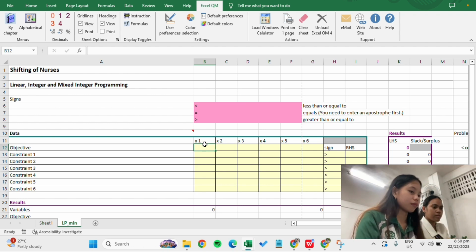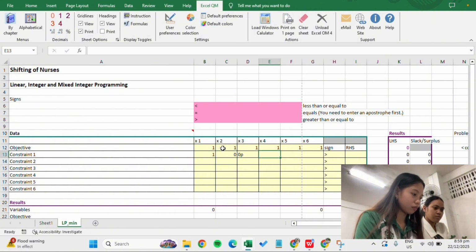The objective: X1, 1. X2, 1. X3, 1. X4, 1. X5, 1. X6, 1. So the constraint 1: X1, 1. X2, 0. X3, 0.